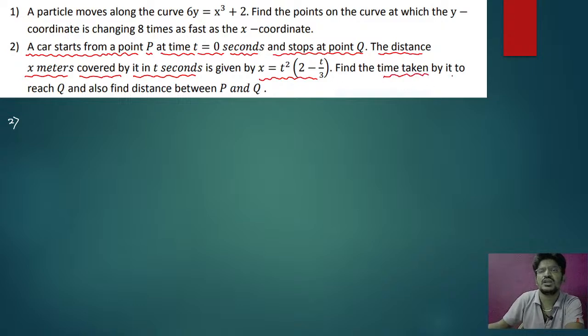Find the time taken by it to reach Q. Also find the distance between P and Q.